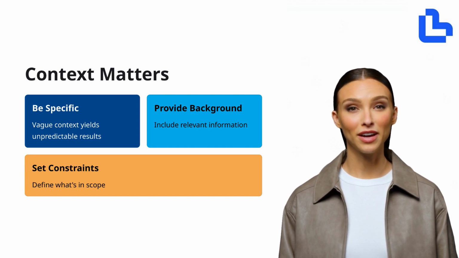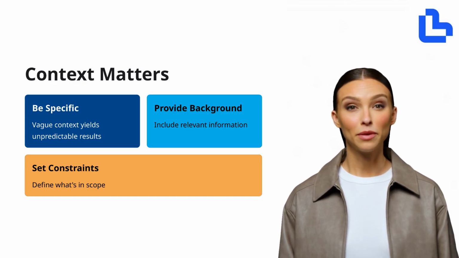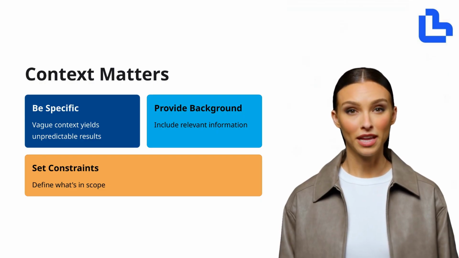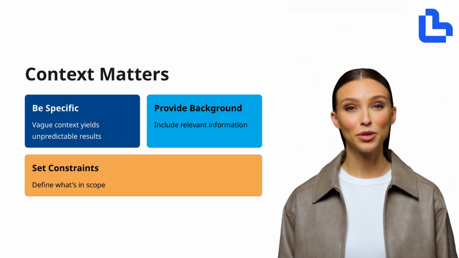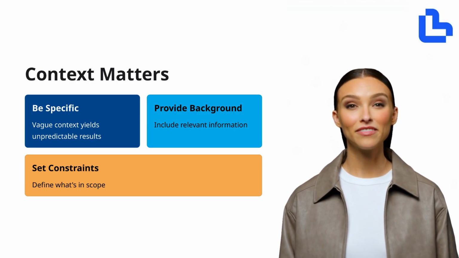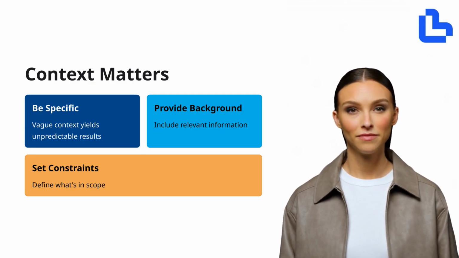Next, provide background. If you're asking the AI to write a product announcement, tell it what the product is, who the audience is, and what the key message should be. The more relevant information you include, the more tailored and accurate the output will be. And finally, set constraints. Define what's in scope and what's not.